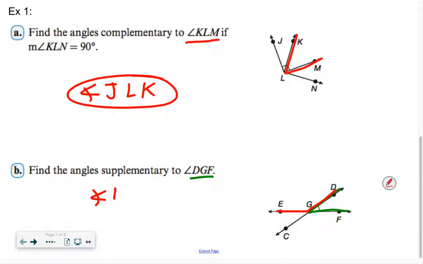So we should say angle EGD. And the other one could be that one, right? Angle CGF could also represent a supplementary angle that would make a straight line with it. It's adjacent to it, they share that common side, and together they form that straight line.